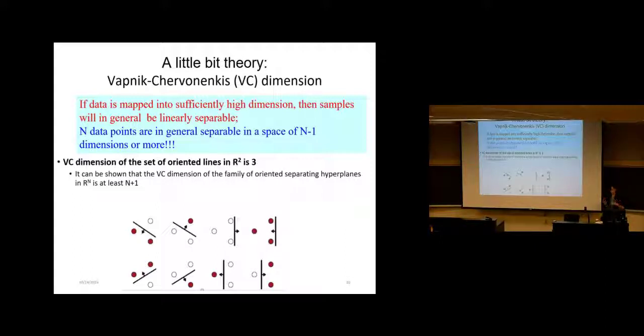So in the end, it shows that if I can project my feature x into phi x, and I have n data points, I can project it into an n-1 or even larger dimensional space, then in that phi x space, I can always linearly separate the two classes.